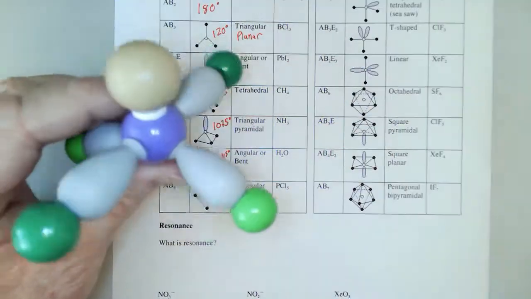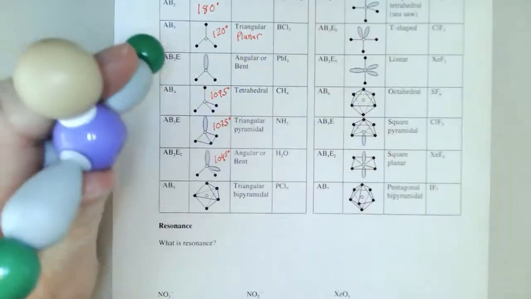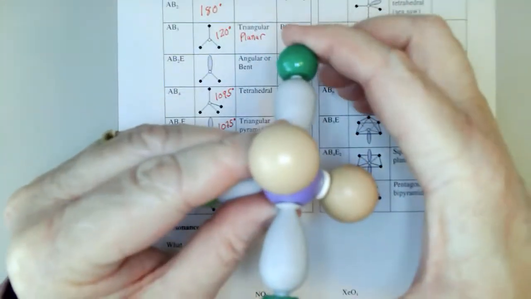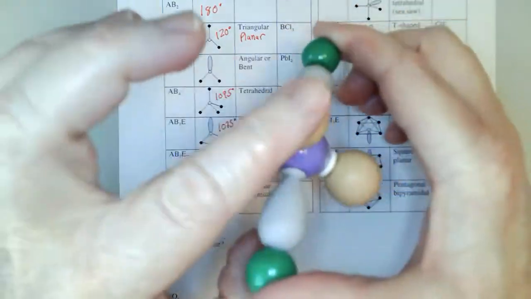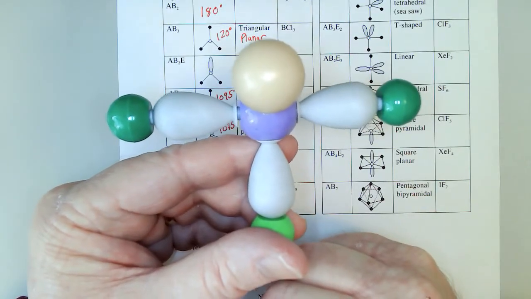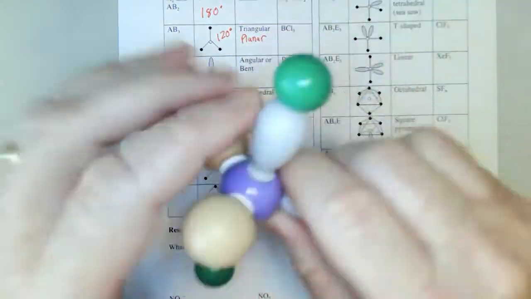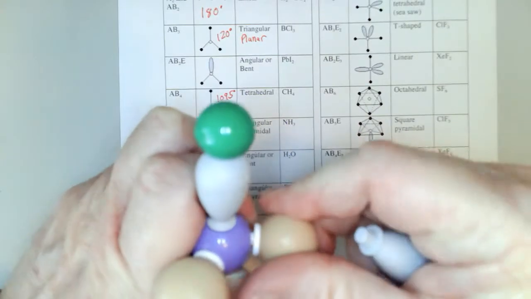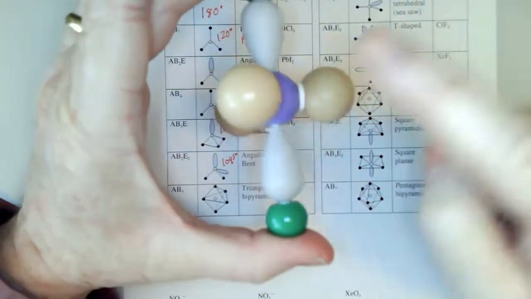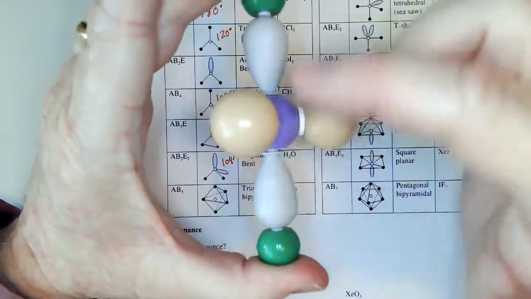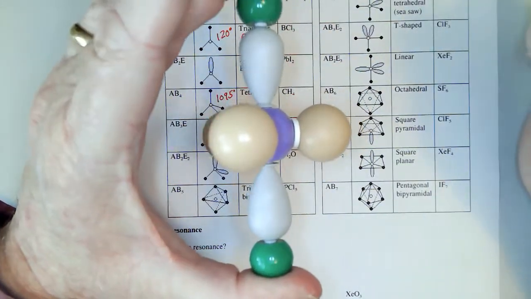If I take 2 of them off, and they always come off from around the center, these ones that are straight across from each other are called axial, and the ones around the center are called equatorial. So in this case, I get something that we say is T-shaped. And then, if I go one more lone pair, I'm back to linear. 3 lone pairs equatorially, and then atoms out here which are axial.